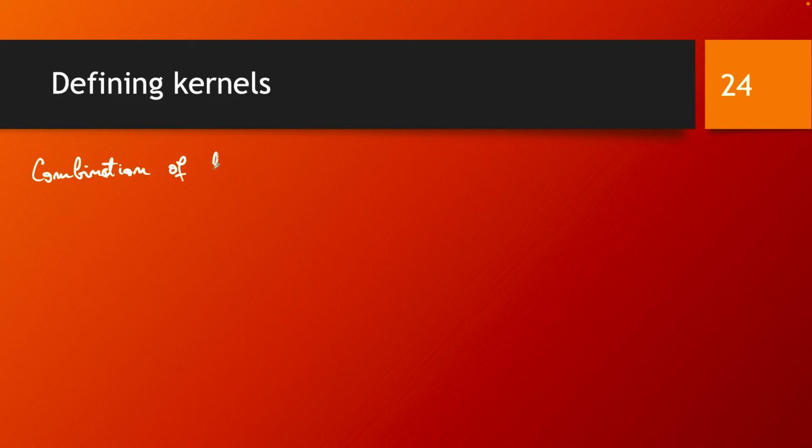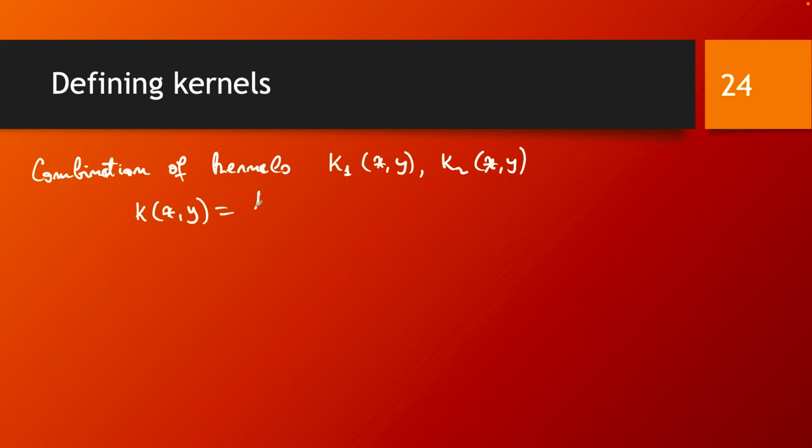What this means is that if you already have, say, two kernels, k1 of x y and k2 of x y, so somehow you already know, maybe by applying Mercer's theorem, or you are using one of the kernels for which there is a literature proof that it's a valid kernel, then you can also obtain a new kernel by defining it in one of the following ways.